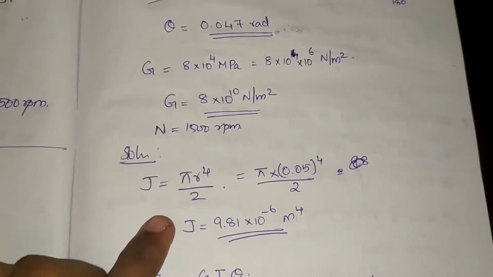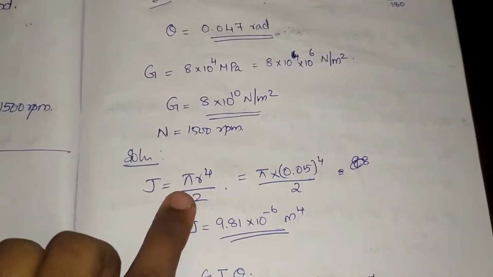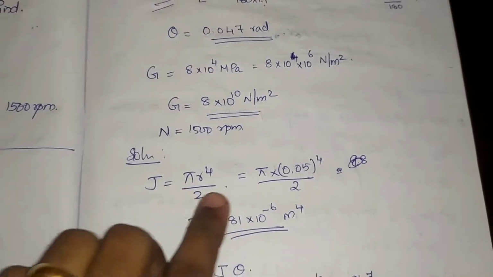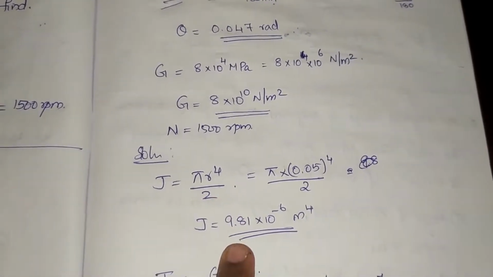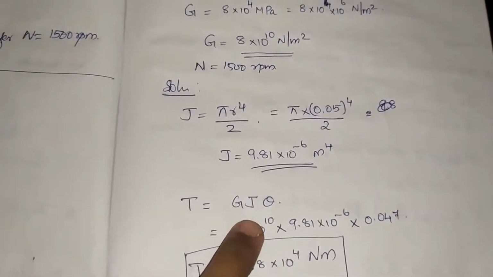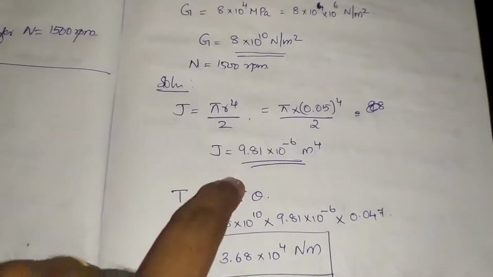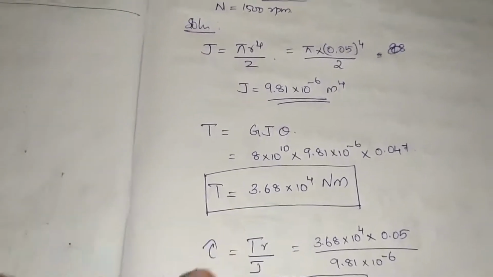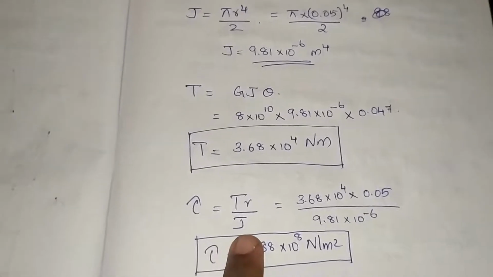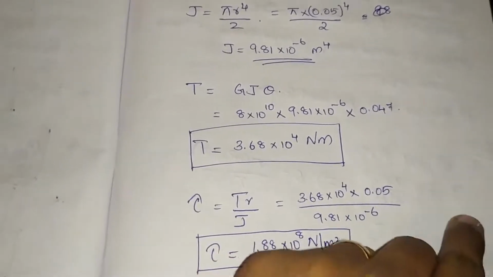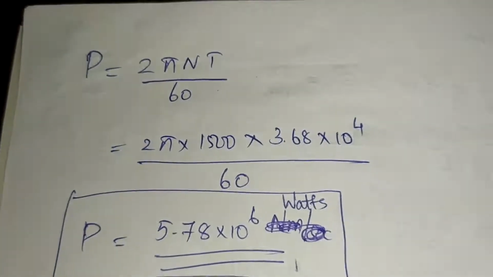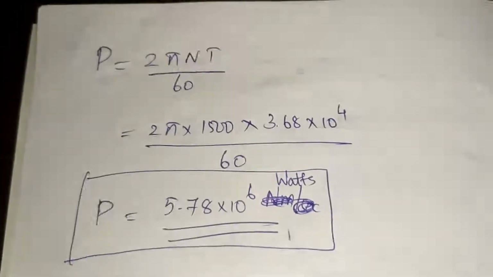You just need to substitute all these things. J is pi r to the power 4 by 2. You will get the value of J. T is G J theta. You know theta, G and J, so you will get torque. Tau is T R by J. All these values you know; substitute and you will get the answer. Power is 2 pi NT by 60, N is 1500, and you will get the answer.